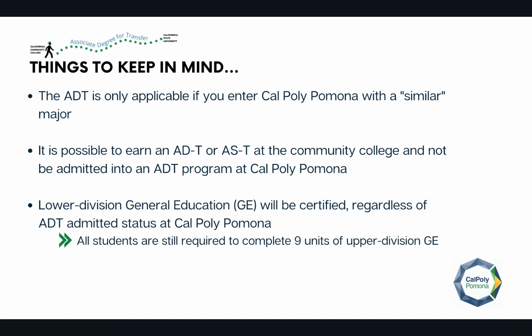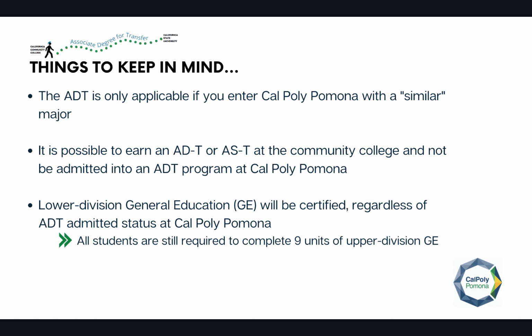One thing that is a guarantee of the ADT is that if you earn an ADT, it works as a GE certification. So your lower division GE is coded, and you will have the lower division GE areas covered, but you still need to complete those 9 upper division GE courses.